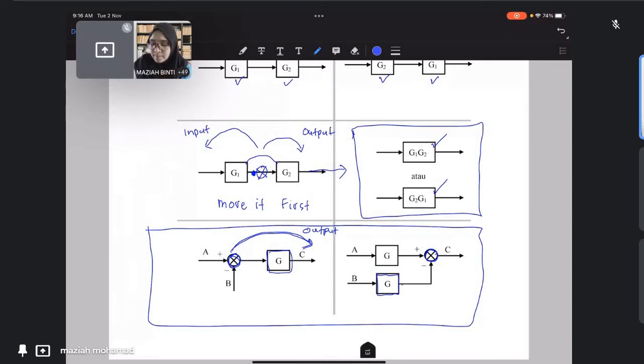Before this there is nothing here, for example like this. So when you move it toward the output, now B here will be multiplied with G. This block here is due to the moving step: because you move the summation point, you need to multiply with G. So that is when you move the summation point toward the output.